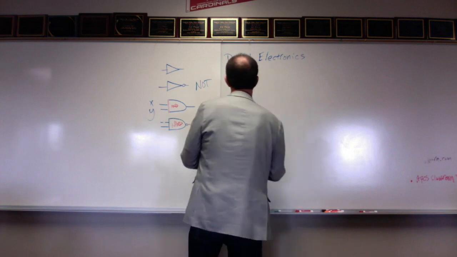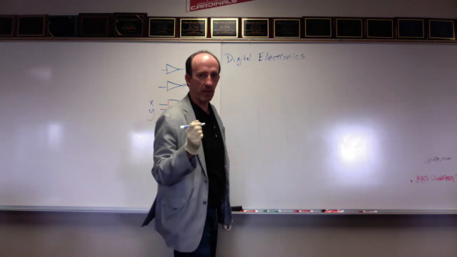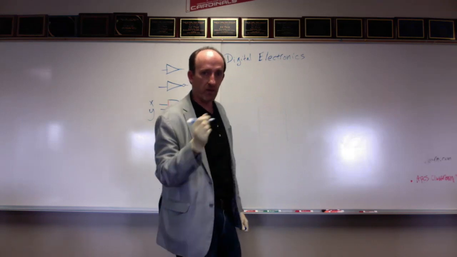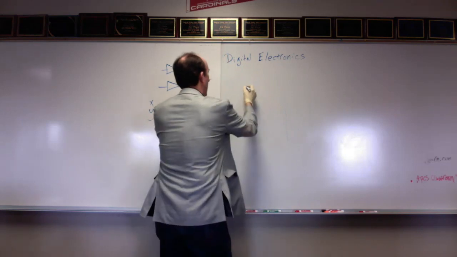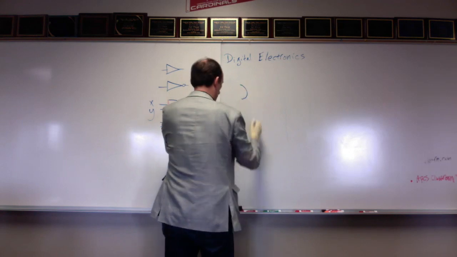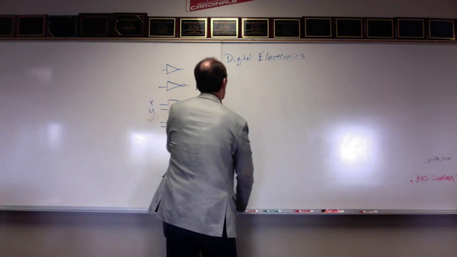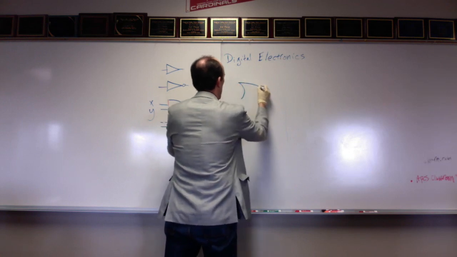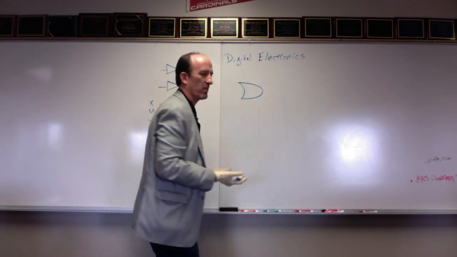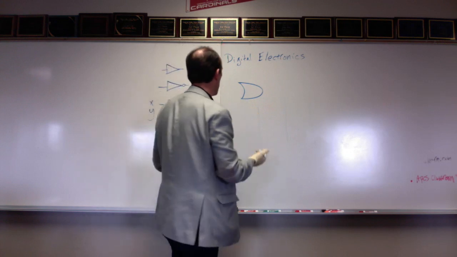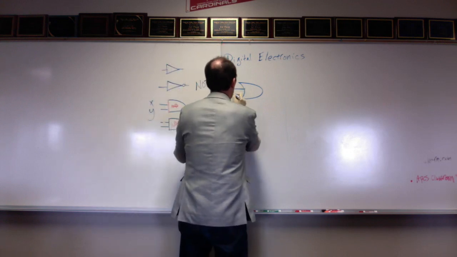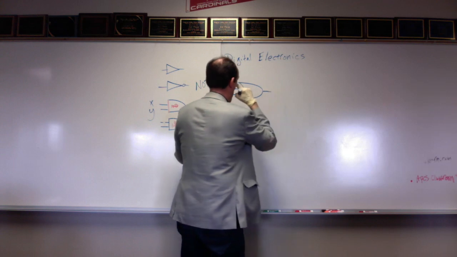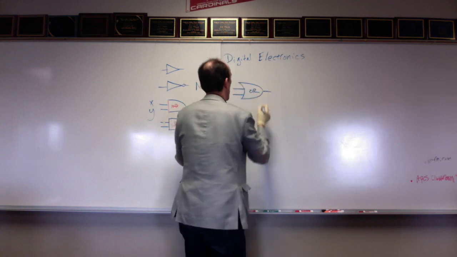Okay, for the OR gate and the NOR gate, the not OR gate, you have not a flat entry like you do with the AND, but you have a curved entry. It still sort of looks like a capital D, but the entry is curved, and this is OR.